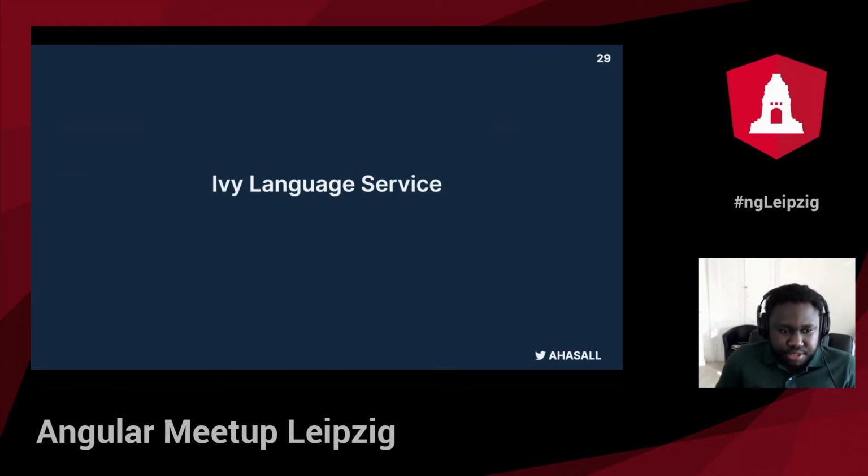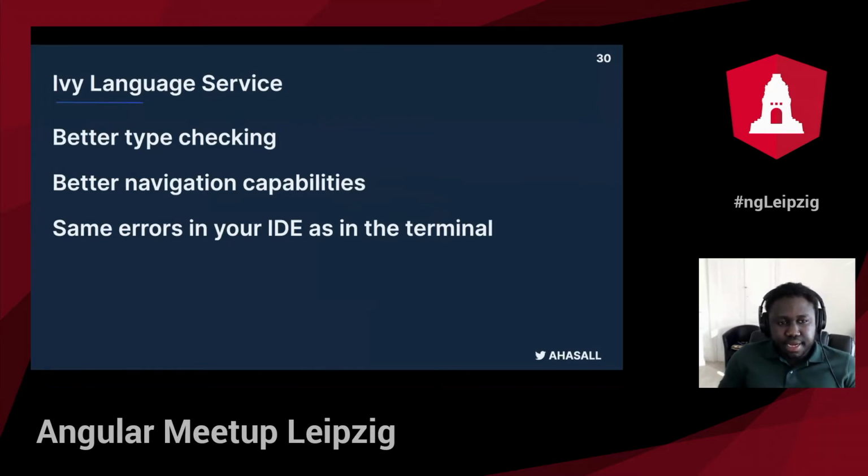IV language service. Before V12, the Angular language service was using the View Engine compiler, regardless of whether your app was using IV or not. And in V12, it has been completely rewritten in IV. I think that this is specific to VS Code users.